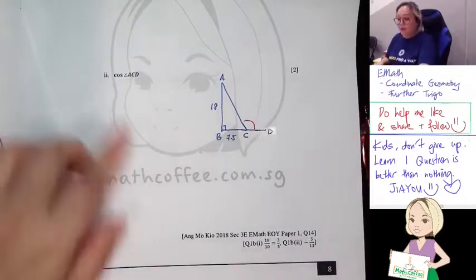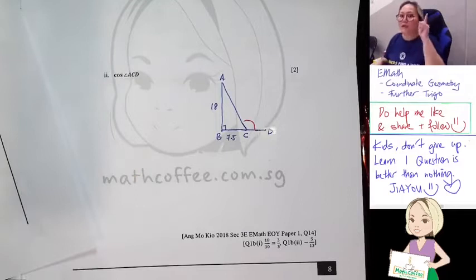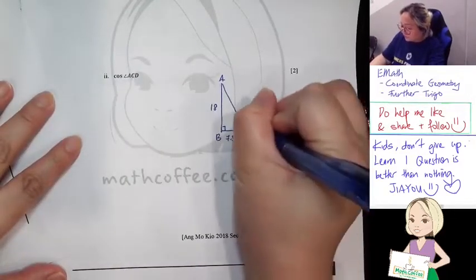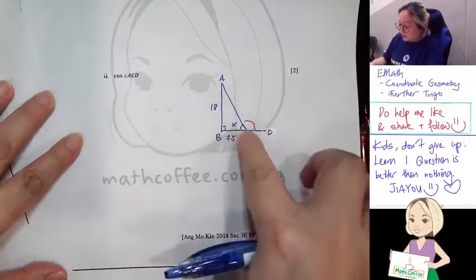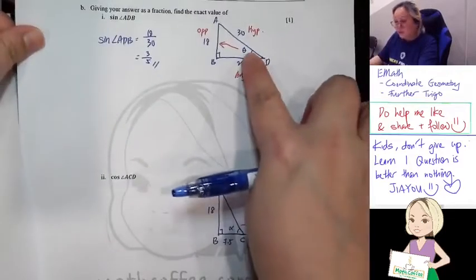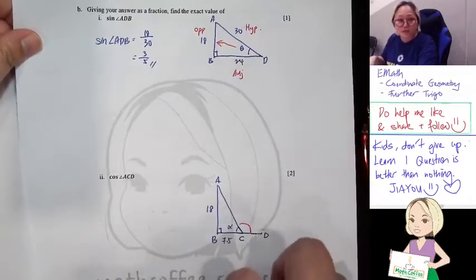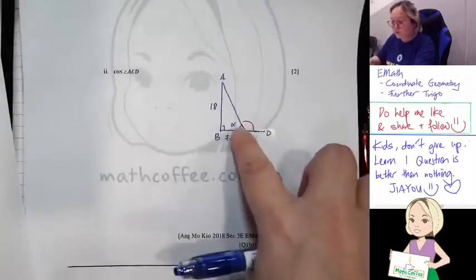And remember I said for cosine, as long as it's obtuse, it is negative. So all you need to do is, this one is my angle reference. I never use theta because theta is already used here. If I write theta here, I'm trying to say that they are the same angle, but they are different. So I use alpha here.